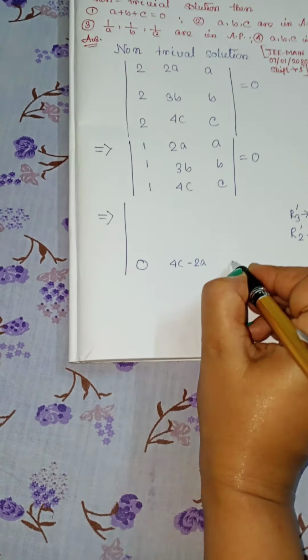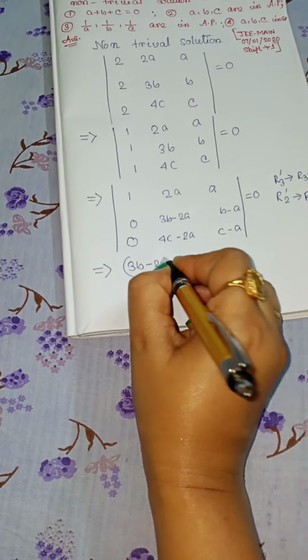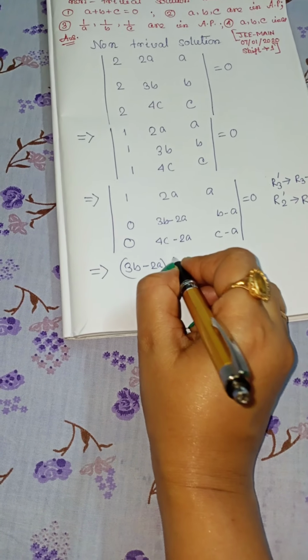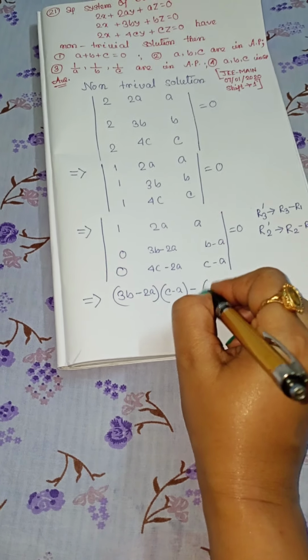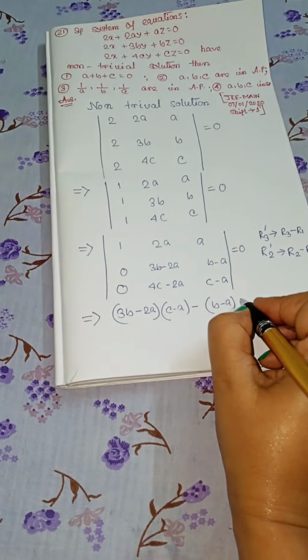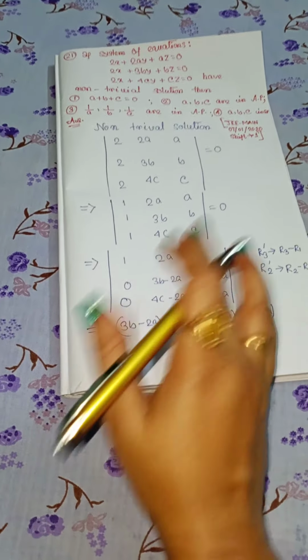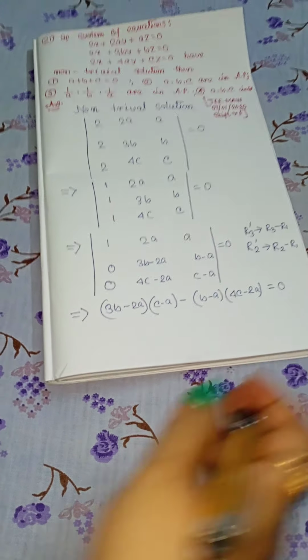Now 1 is fixed, and this multiplied by this and this multiplied by this. Expanding the determinant, 3b minus 2a into c minus a minus b minus a into 4c minus 2a, and these 2 are 0, so the whole determinant is equal to 0.